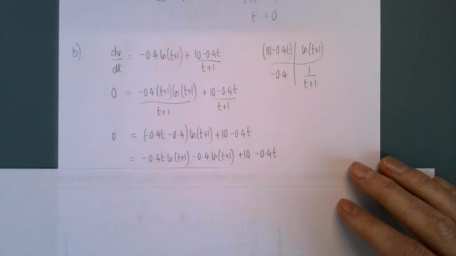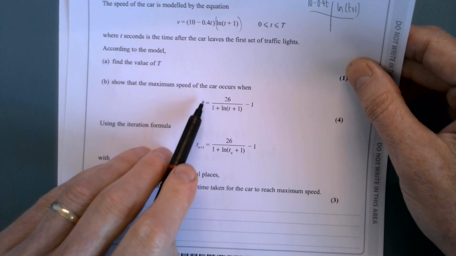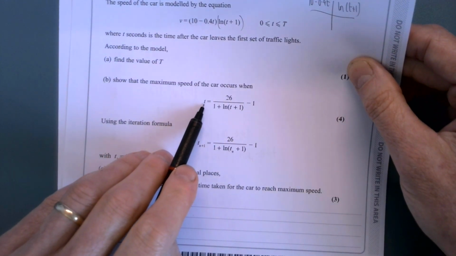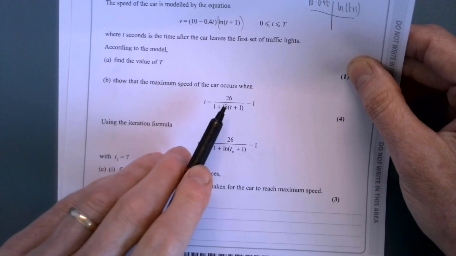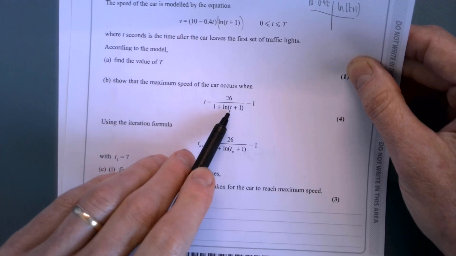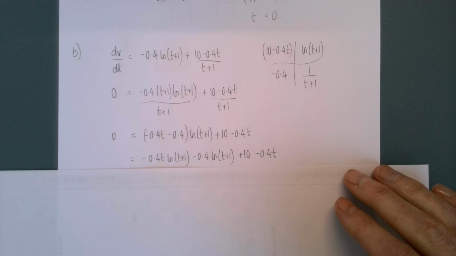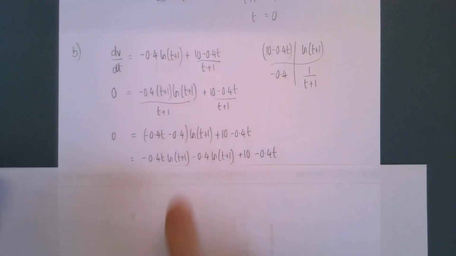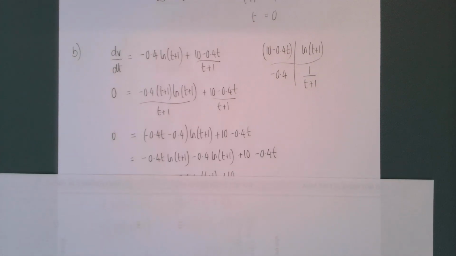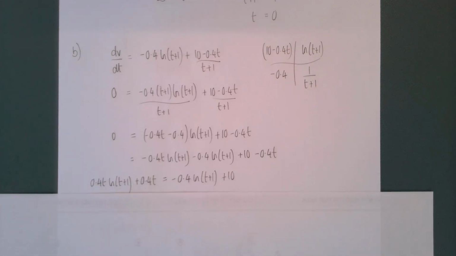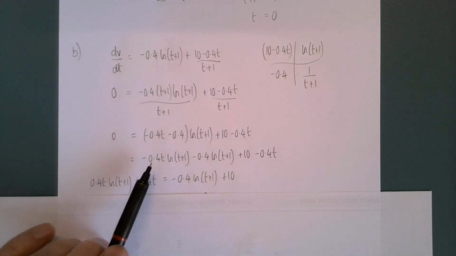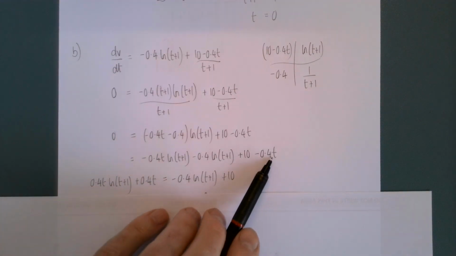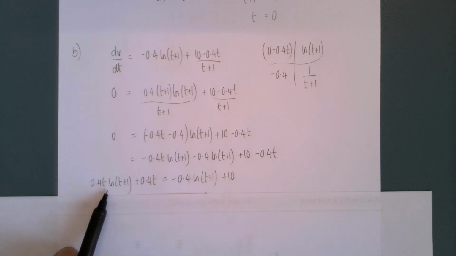So the expression here is t equals, and I've got an ln(t plus 1) there. What I need to do to this expression is, apart from the ln(t plus 1), I need everything with a t on one side so I can then factorise and get that t on its own. That's a technique that we've talked quite a lot about. So I move this term and that term to the left-hand side.